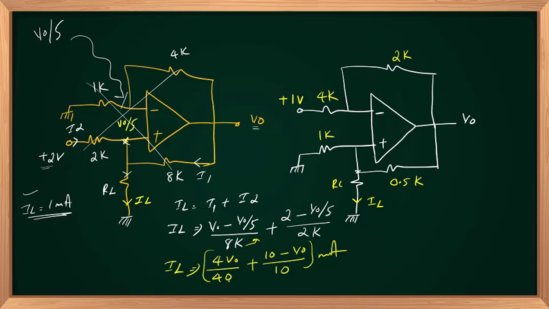So 4 V out by 40 will be V out by 10, and this V out by 10 and the second term in the expression will get cancelled. The remaining 10 is 10 by 10, that is nothing but 1 milliampere. That is nothing but 2 upon 2k, that's equal to 1 milliampere.